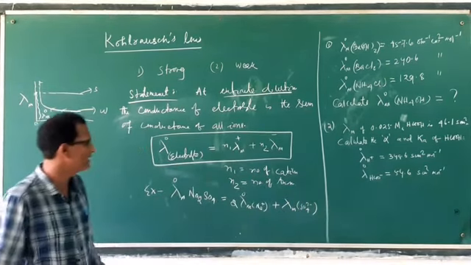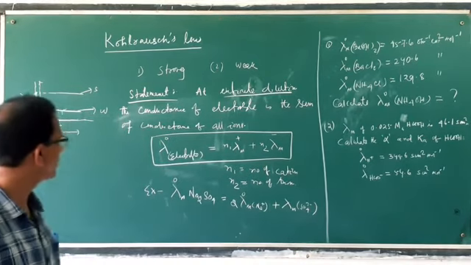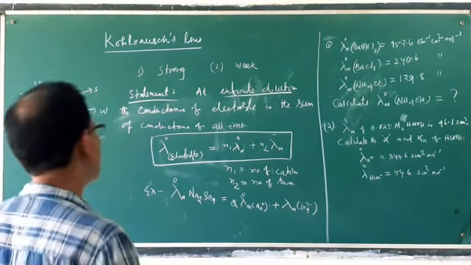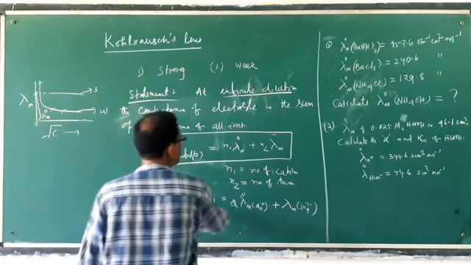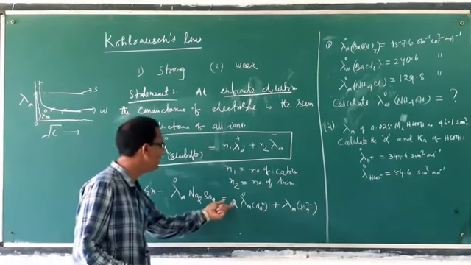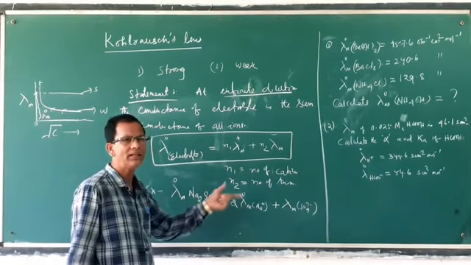Your coefficient is 1, your coefficient is 2. So the number of ions in the formula will be used in the equation as a coefficient. We have to take care of this in the calculation of lambda naught of any electrolyte.